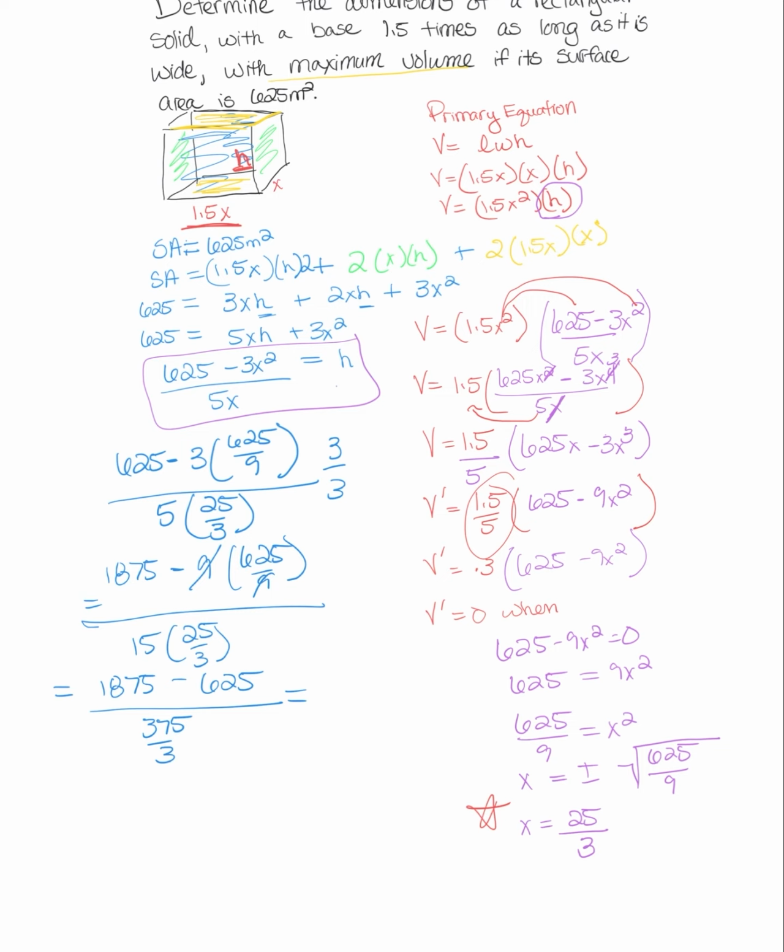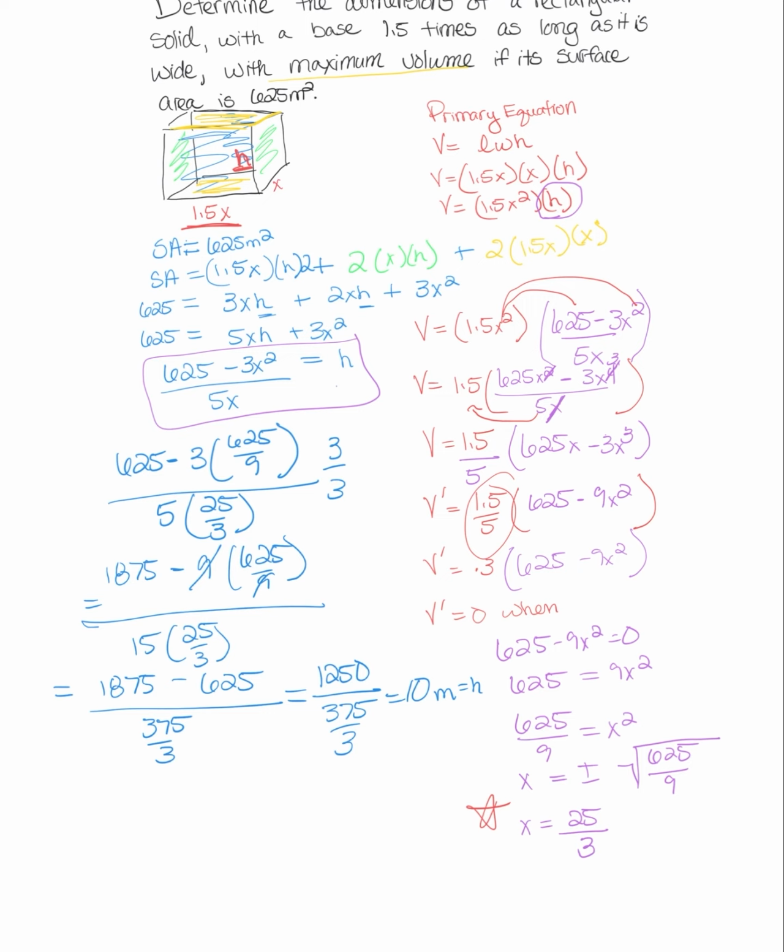Then 1875 minus 625 is 1250, divided by 375 divided by 3, which is 10 meters. So our height is 10 meters.